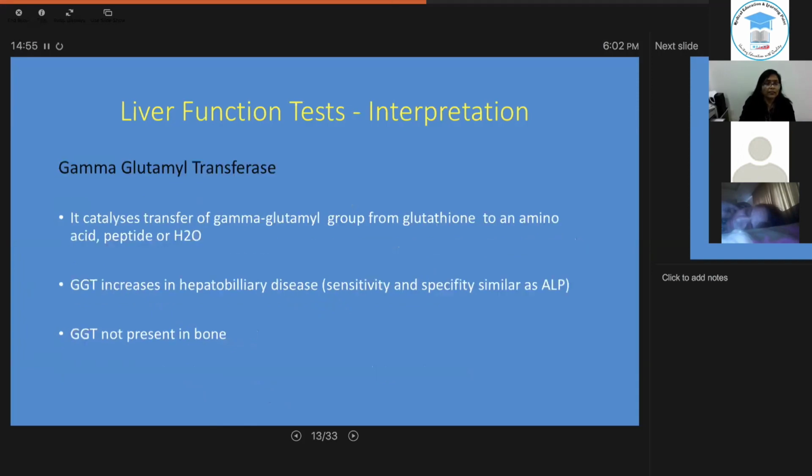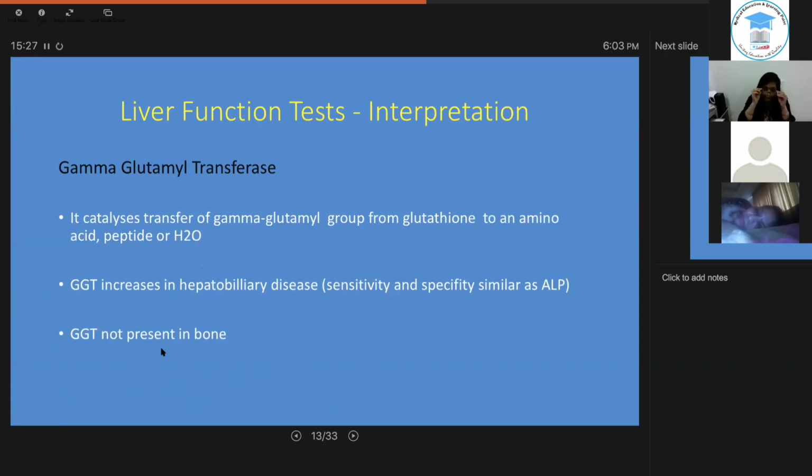So next important test is gamma glutamyl transferase. This catalyzes the transfer of gamma glutamyl group from glutamine to an amino acid, peptide or water. GGT increases in hepatobiliary diseases and it has got the same sensitivity as alkaline phosphatase. And one important point to remember is GGT is not found in bone.